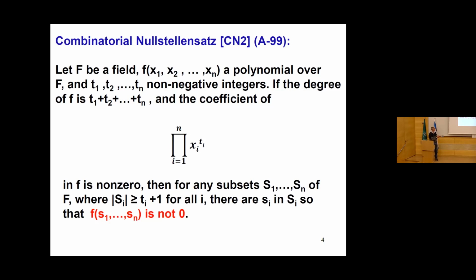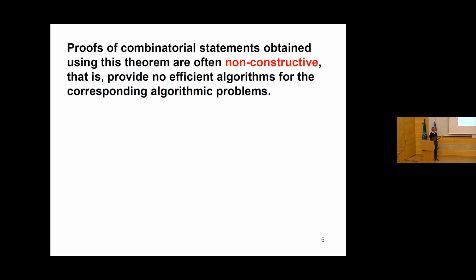Right? So this is a multivariate statement of the same thing. And I want to show you some consequences of this, and I also want to mention some intriguing problems.